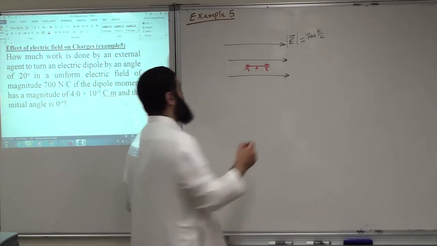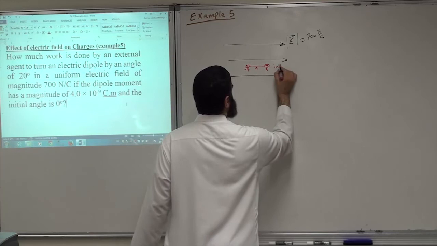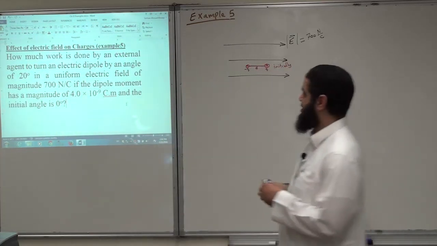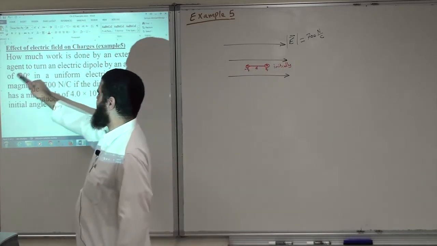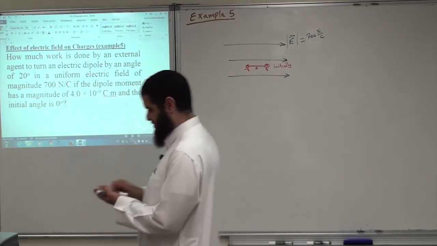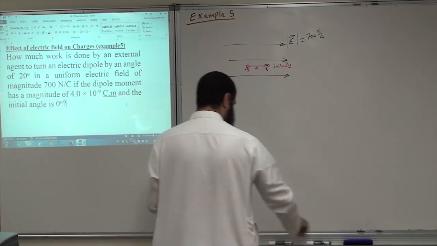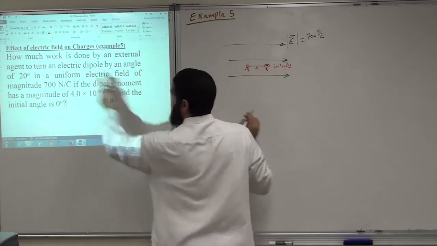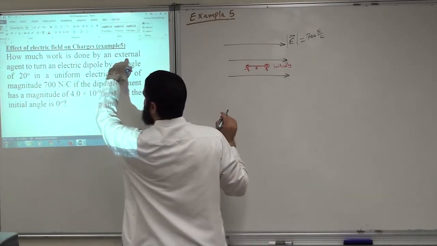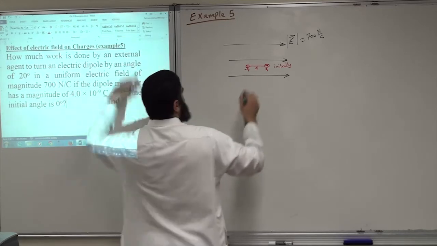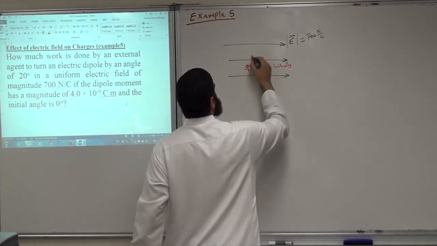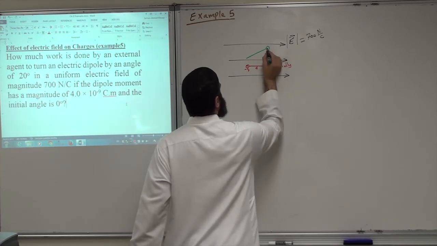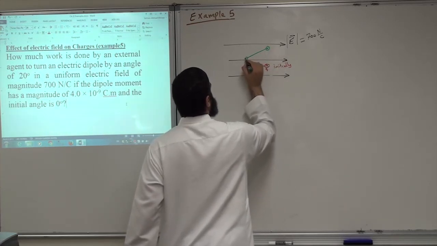This is the initial angle. Finally, he told us it will make an angle of 20 degrees with the electric field. So finally it looks like this. We turn it by applying a force. An external agent will apply a force to have this dipole make an angle of 20 degrees.